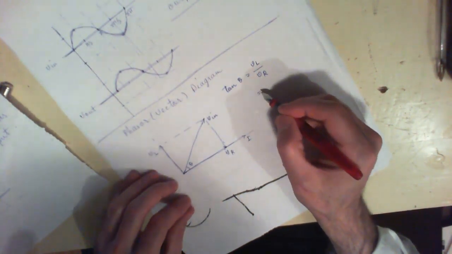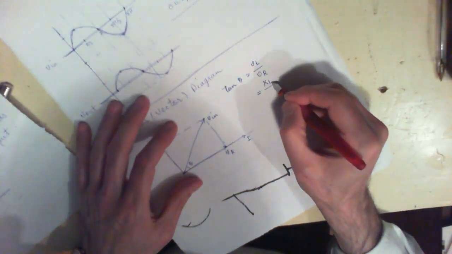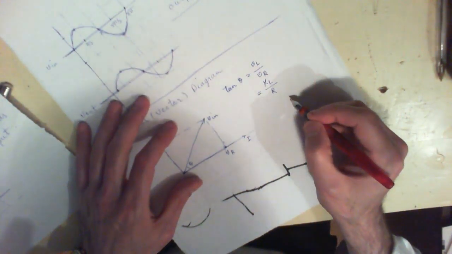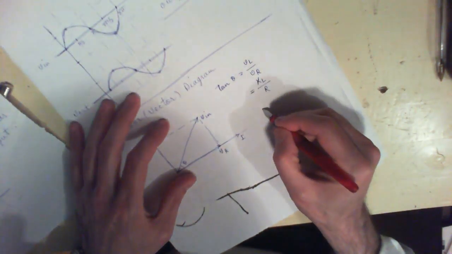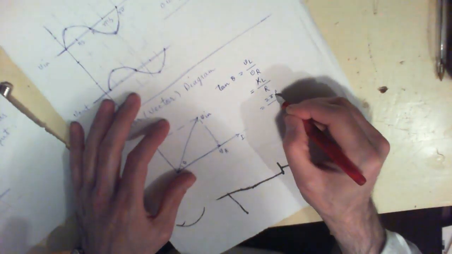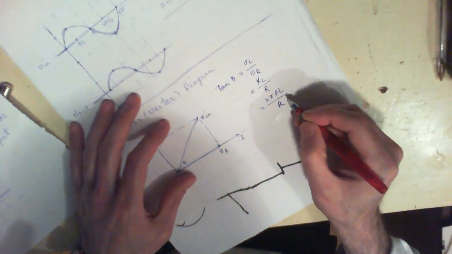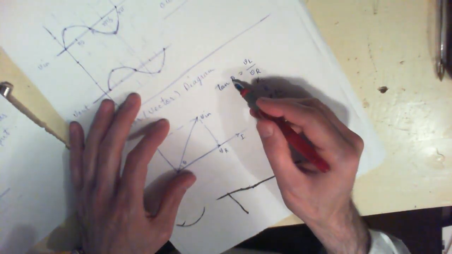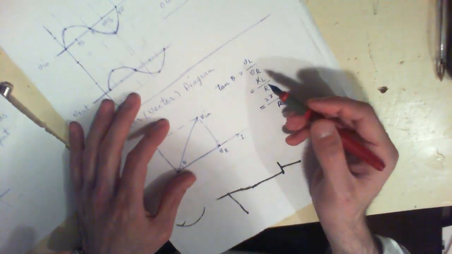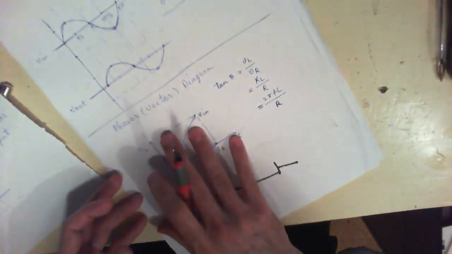Also, you can calculate it by X of L to R, and you know that X of L is 2 pi F L. Basically, these are some ways to calculate tan of theta, and then theta would be the tan inverse of these ratios. So that you already know as well.